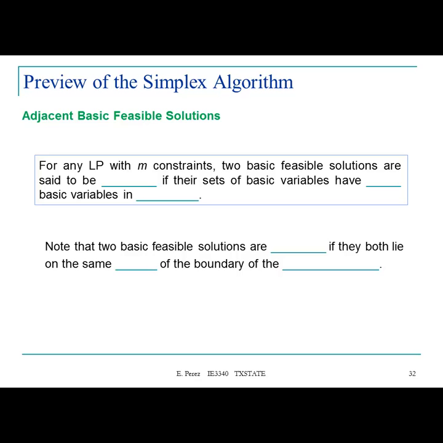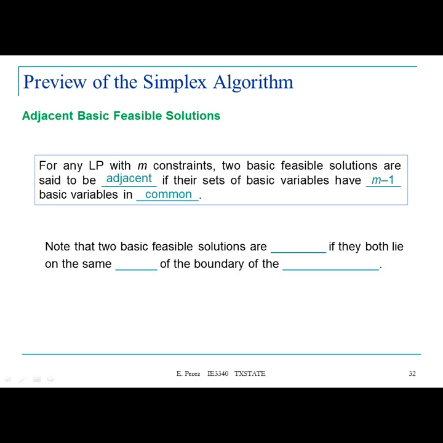So one more thing that you need to understand is the concept of adjacent basic feasible solution. For an LP with n constraints and n variables, two basic feasible solutions are said to be adjacent if their sets of basic variables have n-1 basic variables in common.